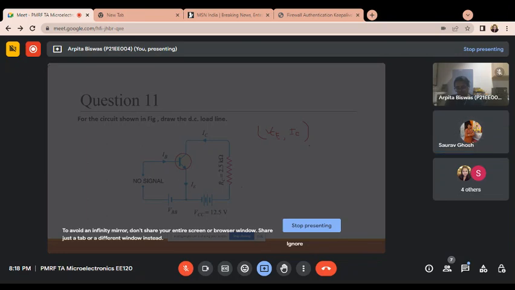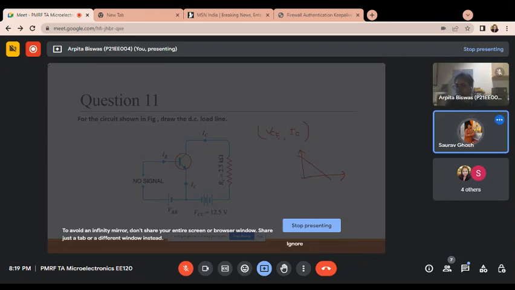The equation we are getting is VCC minus ICRC minus VCE equal to 0. So keeping the VCE equal to 0, we can find the value of IC equals VCC by RC. VCC is given as 12.5 volt and RC is 2.5 kilo ohm. So the IC will be 12.5 by 2.5, that is 5 milliampere.